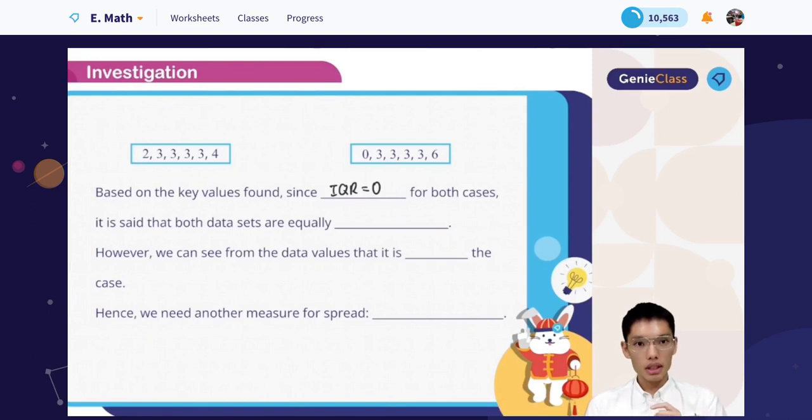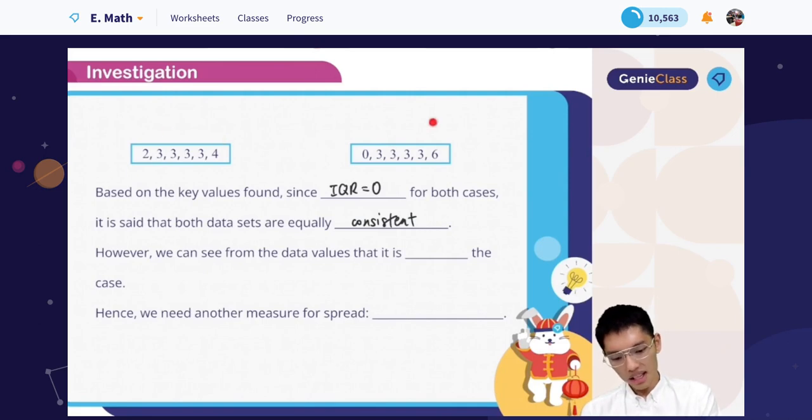Based on what you have learned in the previous lesson, we talk about IQR. The lower the IQR, the more consistent the data. And in this case, since both of them are the same, they are equally consistent. But are they really the case? Not really, right? The data sets are definitely different. They are not equally consistent.